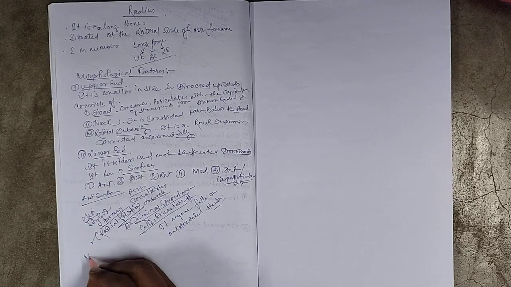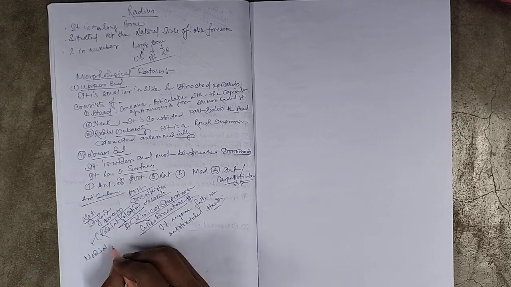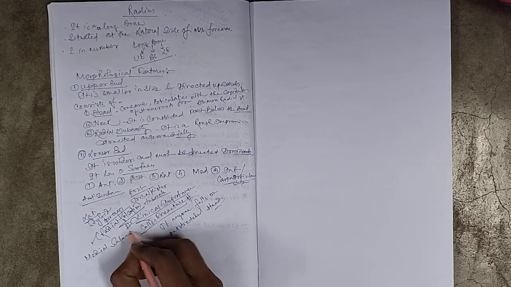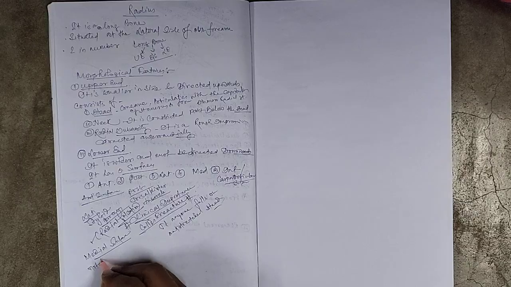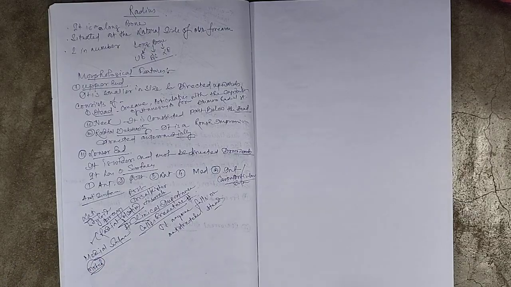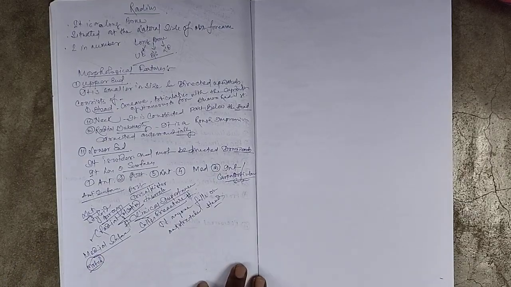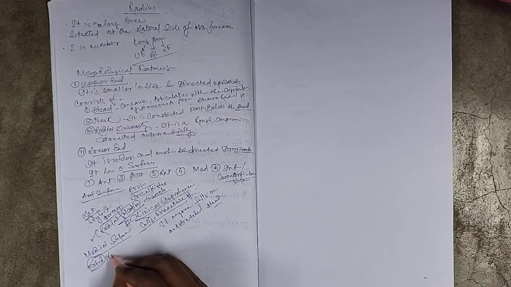Then the medial surface. In case of the medial surface, there is a notch present, and this notch is for the attachment of the lower end of the ulna.